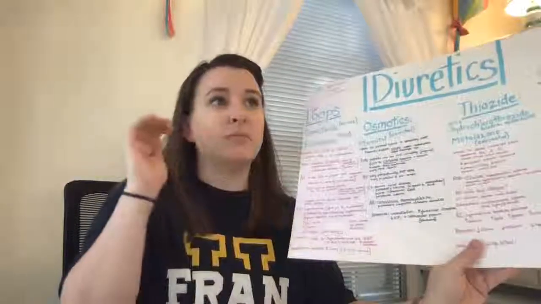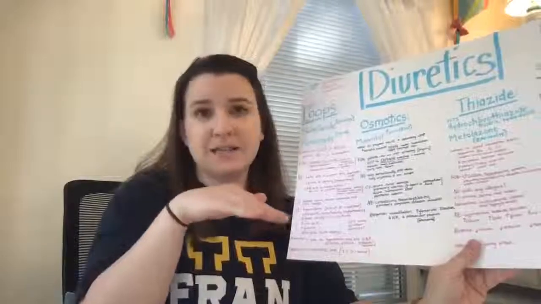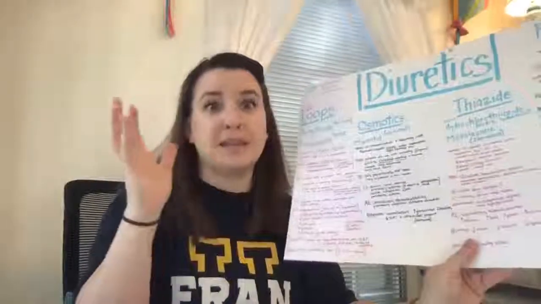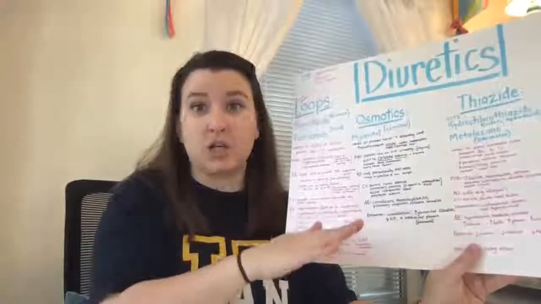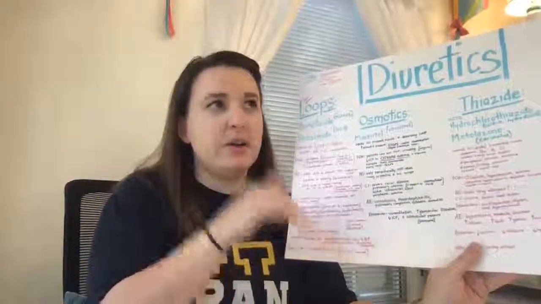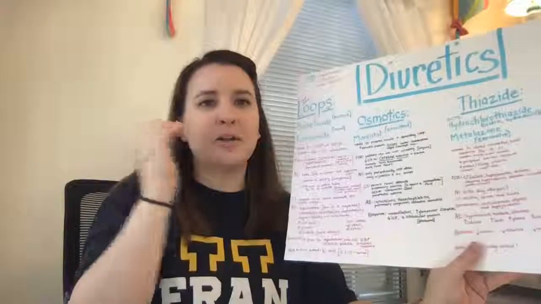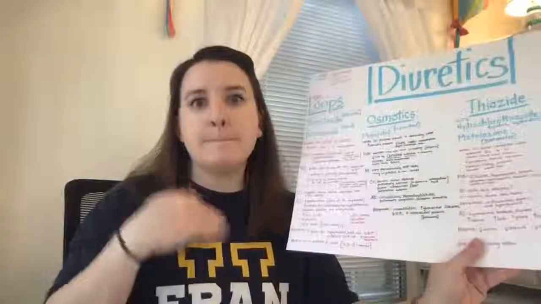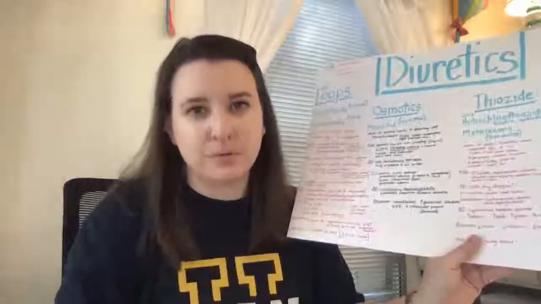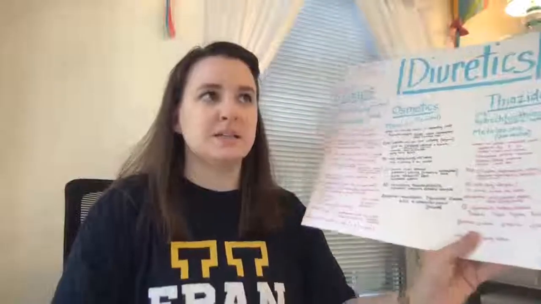But if there's poor blood flow to the kidney, it doesn't matter how many holes are open in the colander. If blood can't get to the colander, nothing's going to get filtered out. So remember, loop diuretics can work with poor kidney function, but not poor renal perfusion. Renal perfusion means blood going towards the kidneys.